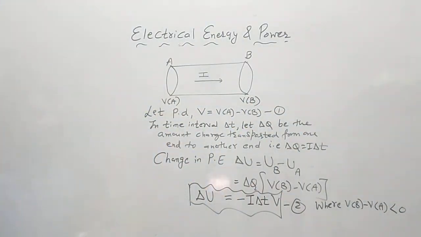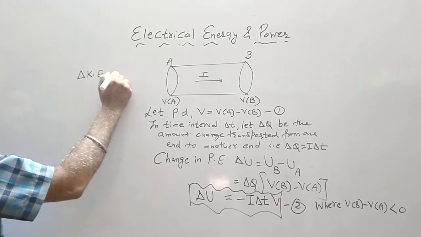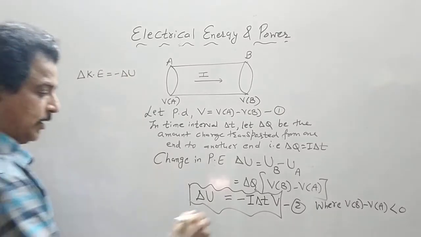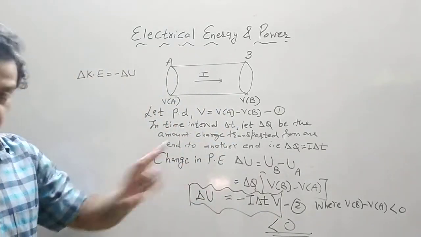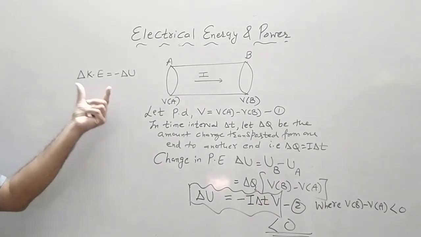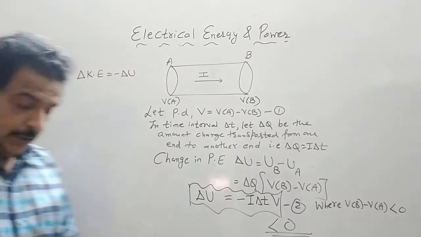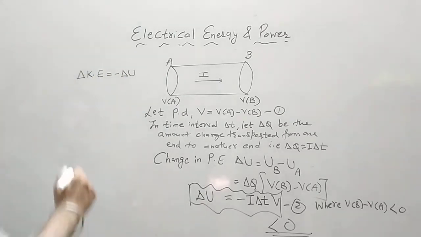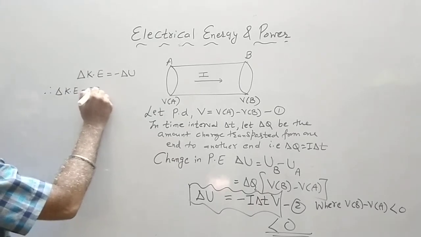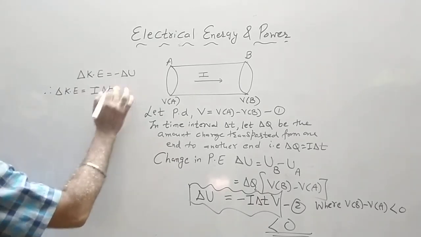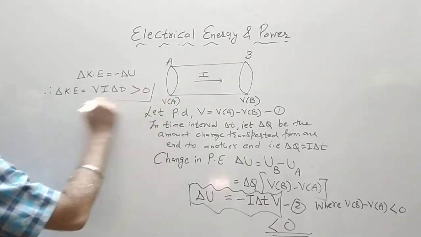So according to the law of conservation of energy, delta KE is equal to minus delta U. Since delta U is negative, energy is conserved, and therefore delta KE is equal to I delta T V. So I write this equation as V I delta T, which is greater than 0.